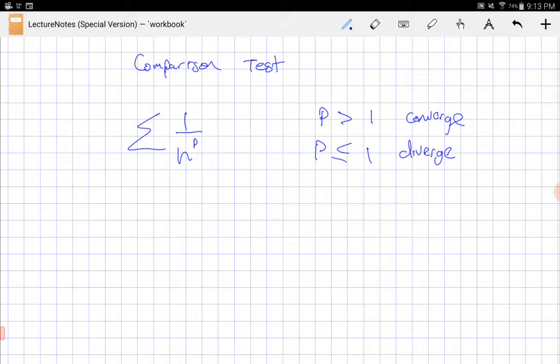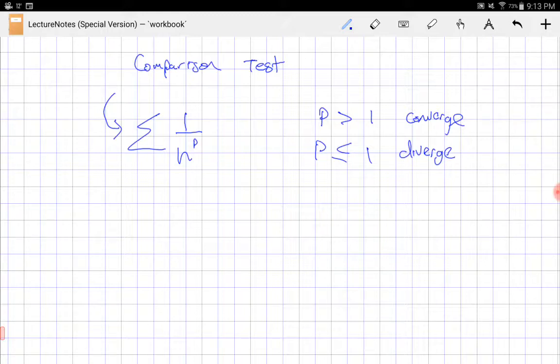A lot of times we're going to try to compare to something like the p-series. I'm going to call it a p-series. If I'm wrong, I apologize. The p-series might be... No, that's the power series. Sorry, it's okay. So this is called the p-series.